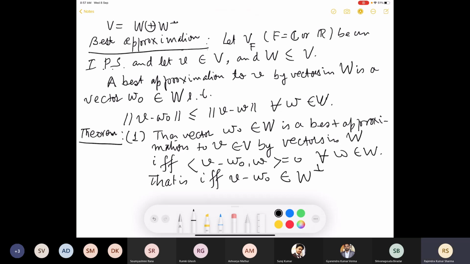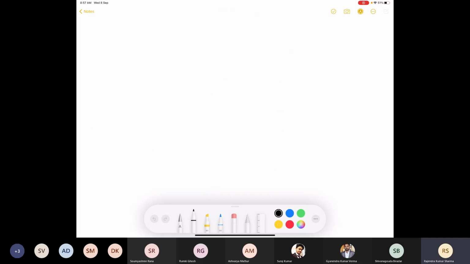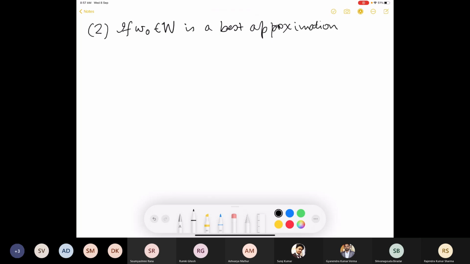Other things also can be proved. Two, we can prove that if w naught in W is a best approximation to v, then it is unique.